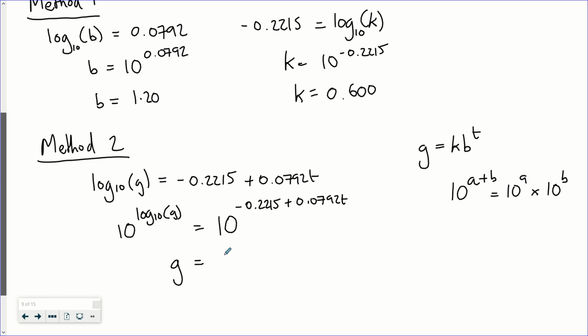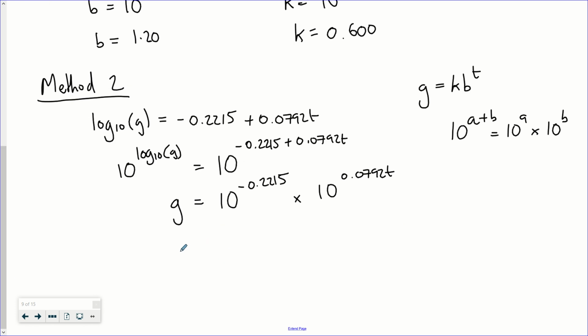So here we're going to split this up into 10 to the power of minus 0.2215 times by 10 to the power of 0.0792t. So it's clear that this 10 to the power of minus 0.2215 is going to be k. So we'll leave that at the start.